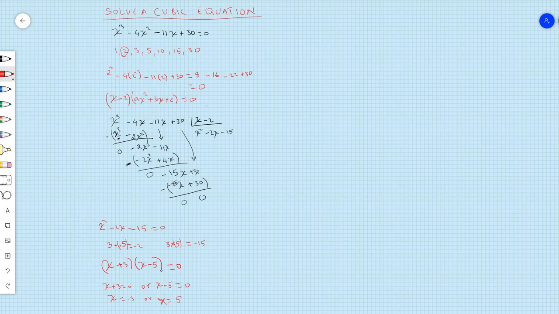So now that you have the two other roots, you can write the roots are, you already found the first one, which is 2, right? So 2, negative 3, and 5.